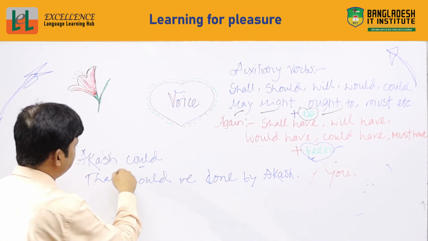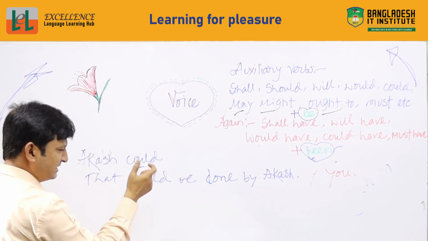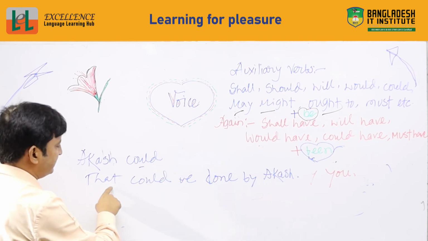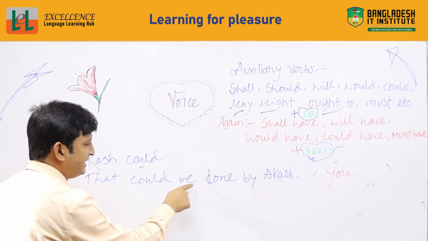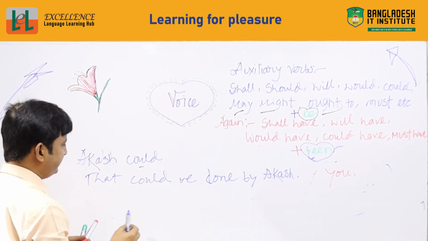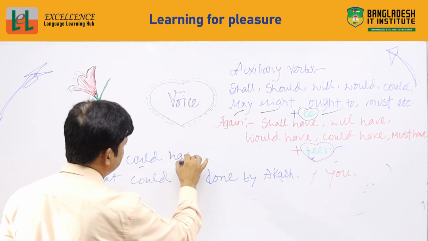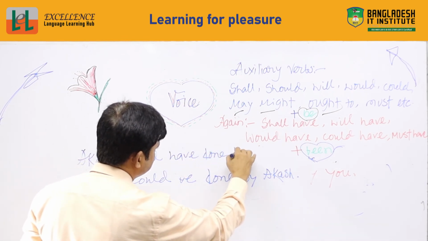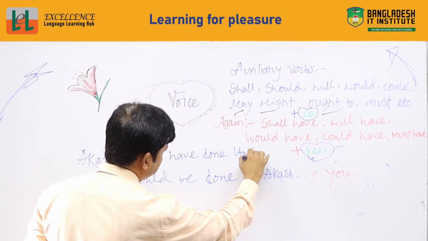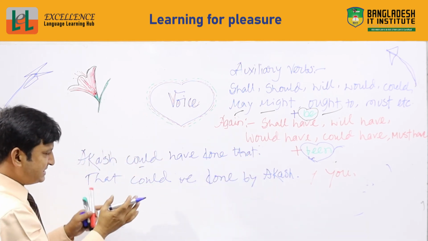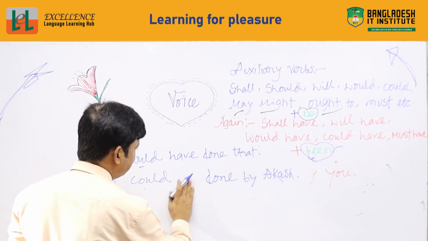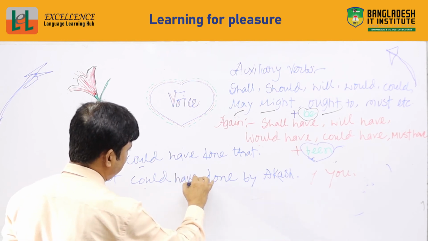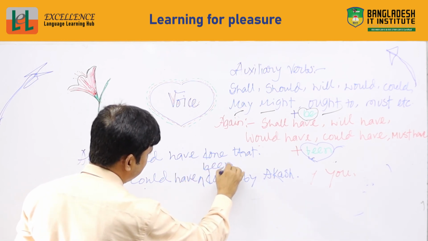So here simply for Akash could do, that is present form view 1, and here that could be done by Akash. But if I write here again, Akash could have done that, so the simple sense is that could have, and here been.